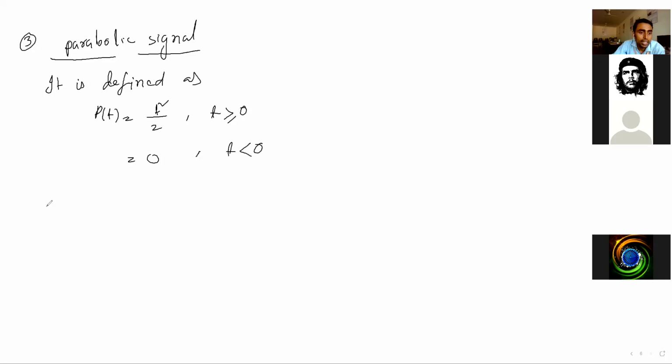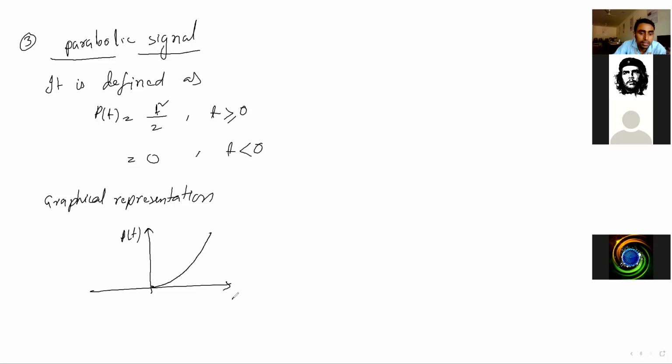The graphical representation of the parabolic signal would be like this. This is p(t), this is t.